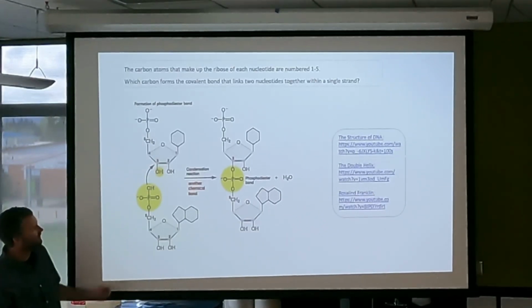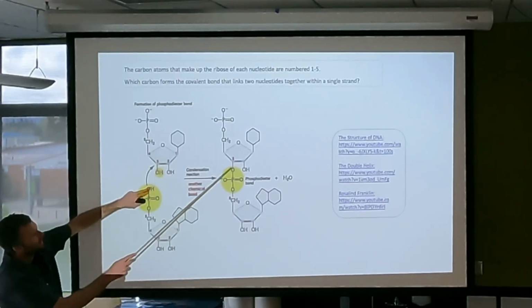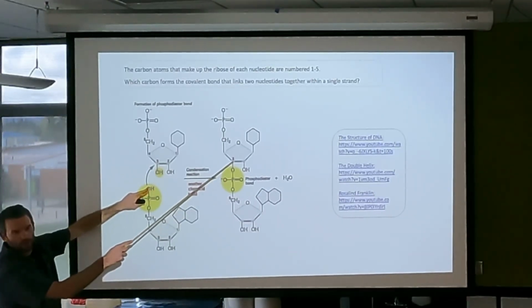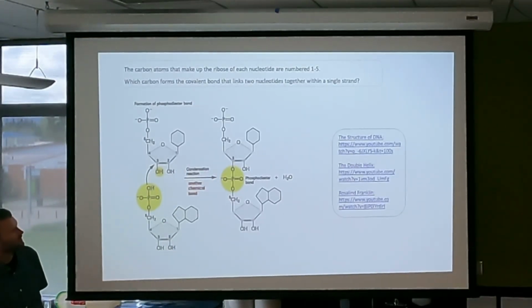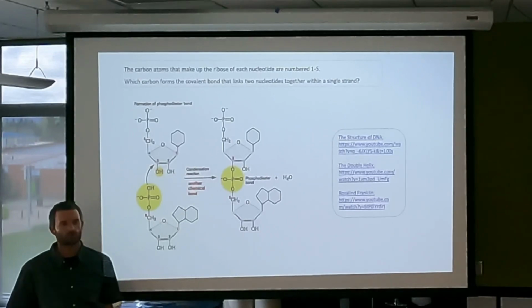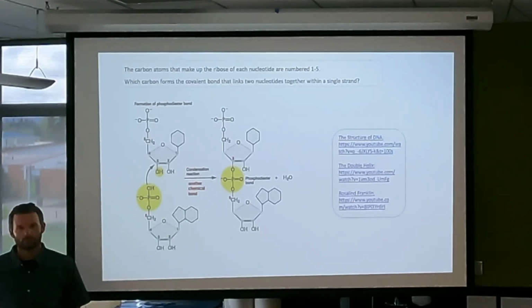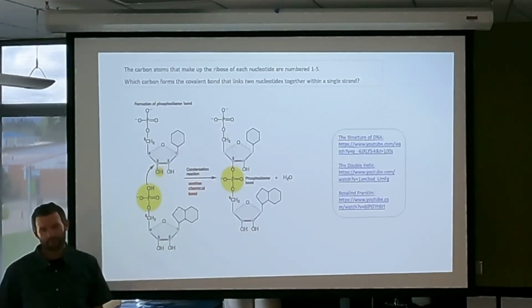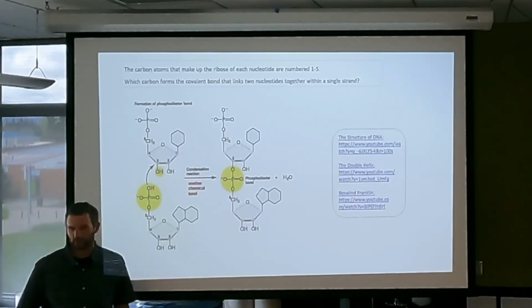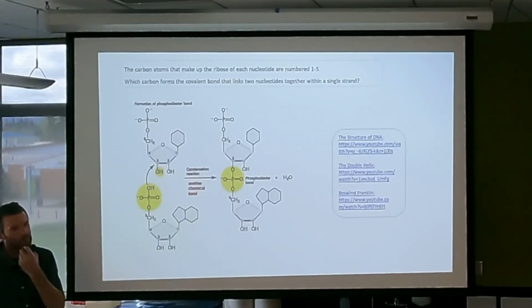And so what's left is this oxygen, and it pairs directly with that third carbon. And this is called a condensation reaction. Are dehydration and condensation the same thing? Yes, dehydration, because we're producing a water molecule. So think condensation, think water.